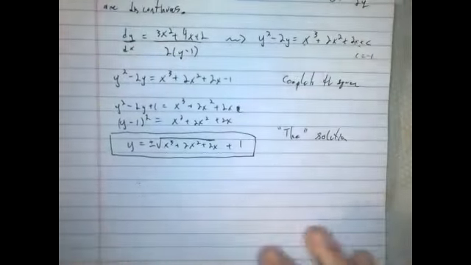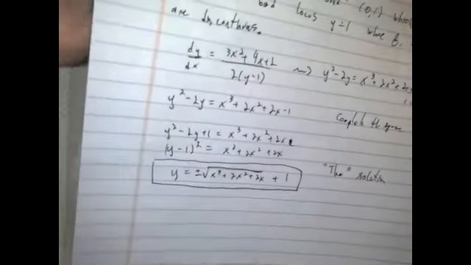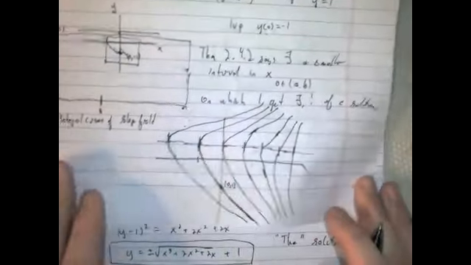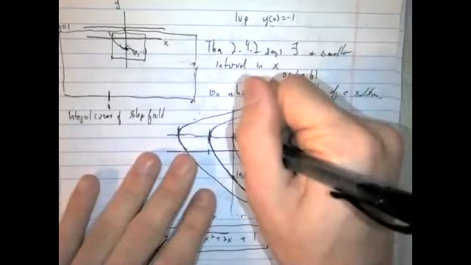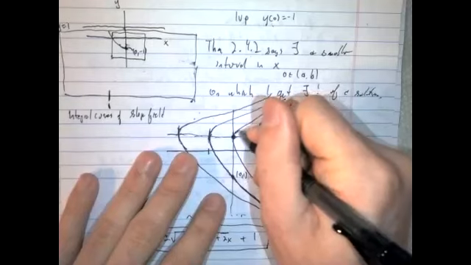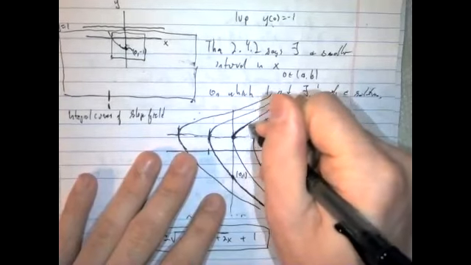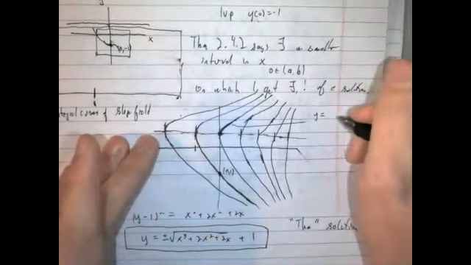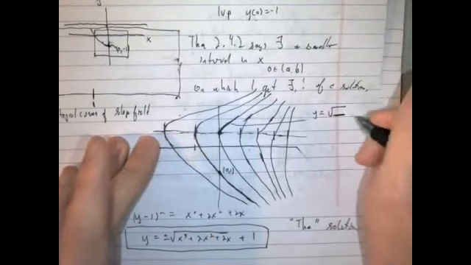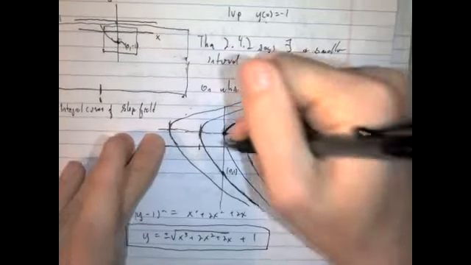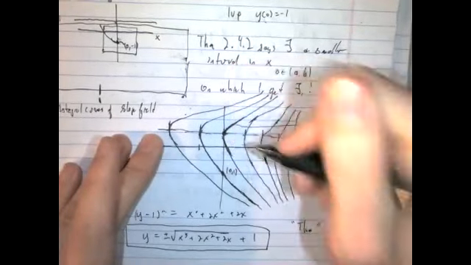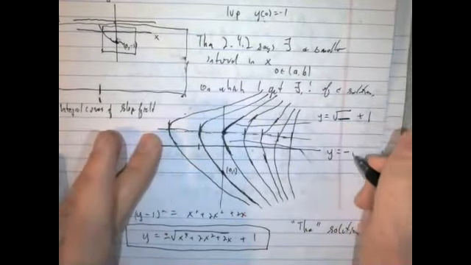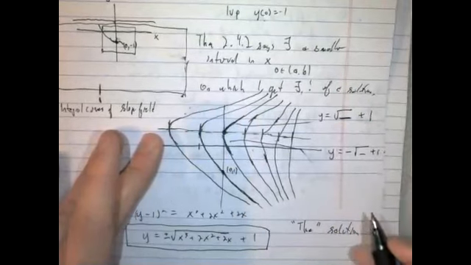So let's examine the picture again. Where's my picture? Okay, so this chunk right here is the positive branch of the square root. This is y is equal to square root of blah, blah, blah plus 1. And this over here is the negative branch of the square root. Y is equal to negative blah, blah, blah plus 1.